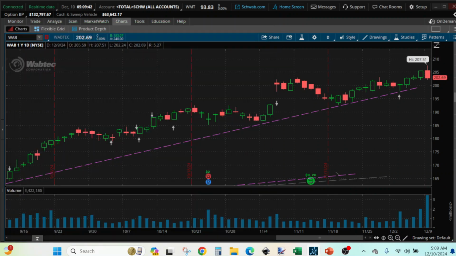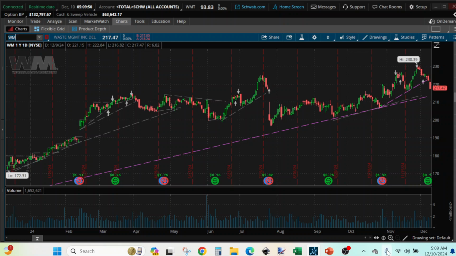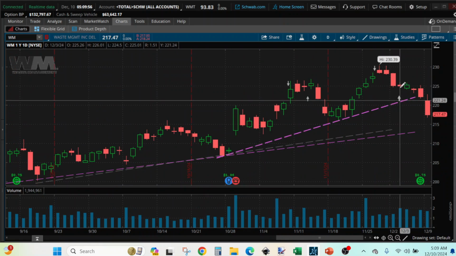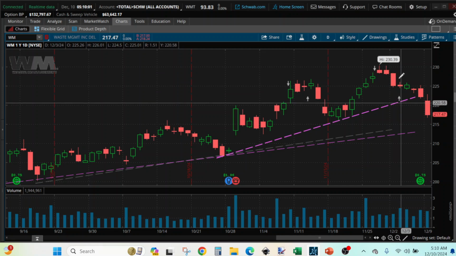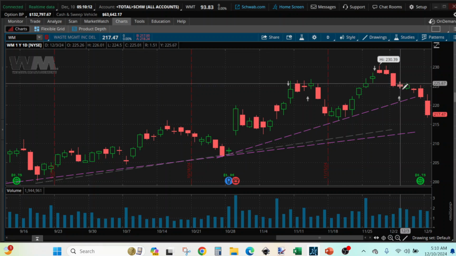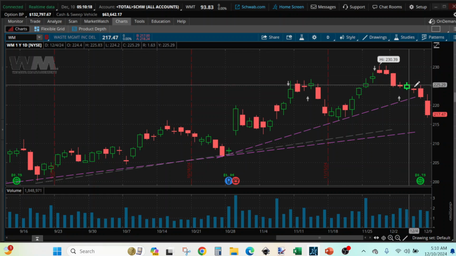WM is negative, between VRTX and WAB. WM is negative in our account, and let's see why. It's like 399 negative, so we bought it. Okay, do you see it was not that close to the line when we got it, thinking it's good enough? Do you see that gap? So we bought it. Chances are that was a green bar by the time we were buying it, but it ended red that day, and the next day it was green, but it pulled back.